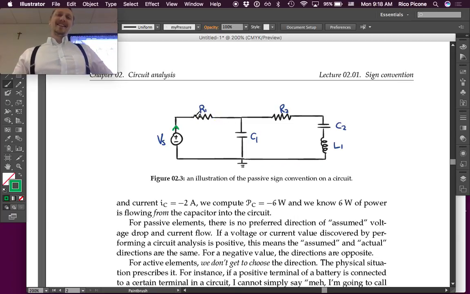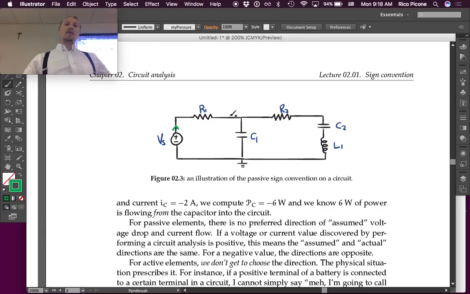It's fine. We can choose it to go this way, or we can choose it to go this way. It's arbitrary because these are passive elements. It doesn't matter which direction we choose them to be. We just have to stick to it. It's just like defining a coordinate arrow in a physics problem.